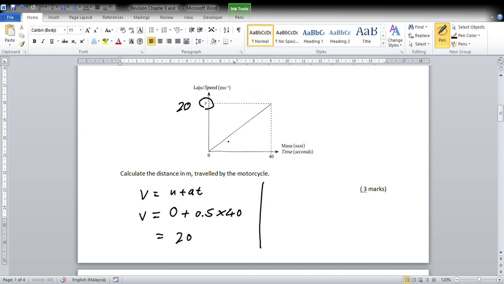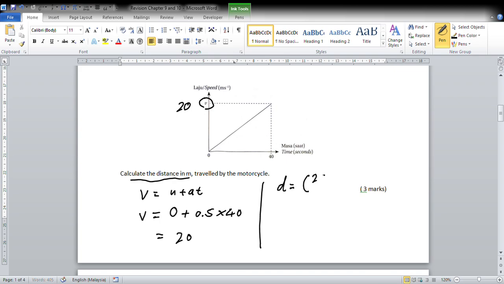The question asks you to calculate the distance traveled in this process, from 0 to 20 in 40 seconds. How long does it take? How far can it achieve? What you can do is find the area under the graph, or we know the distance traveled is the average speed times the time taken.